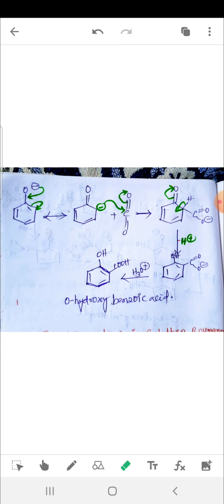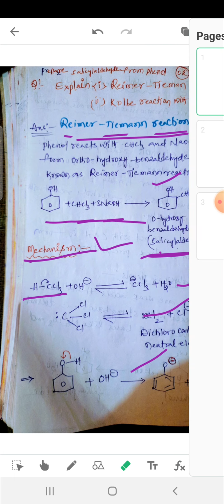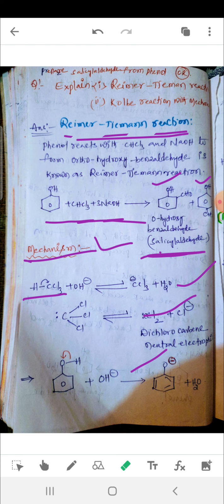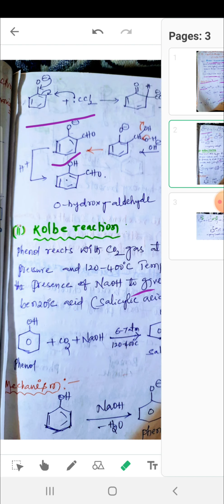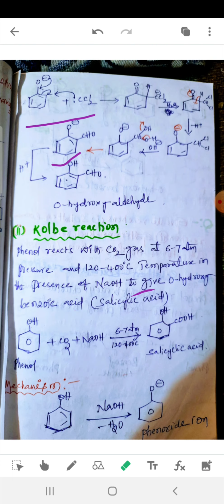Mechanism is most important at degree level. What are the primary compounds and what compound is formed is also very important. From phenols, we get ortho-hydroxybenzaldehyde in the Reimer-Tiemann reaction, and in the Kolbe reaction ortho-hydroxybenzoic acid is formed. You have to observe that point.